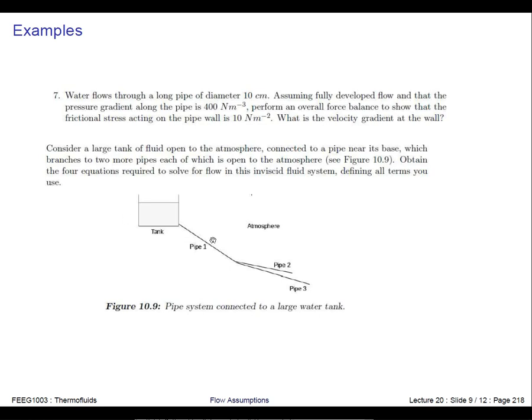What this question is trying to tell you is that the tank's really big, and effectively it doesn't matter how much flow goes down pipe 1, the height of the tank doesn't change because it's large. So when you do your problem, you can set up your hydrostatic reference height at the height of the tank, and then you can always work out your hydrostatic pressure differences between these two pipe exits, and they'll always be the same because the geometry and the height of the tank don't change.